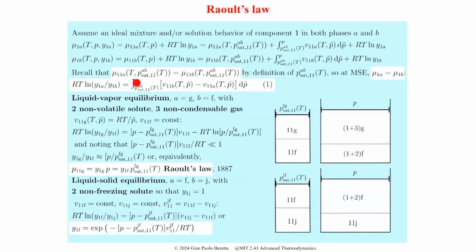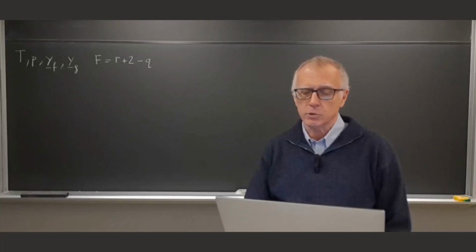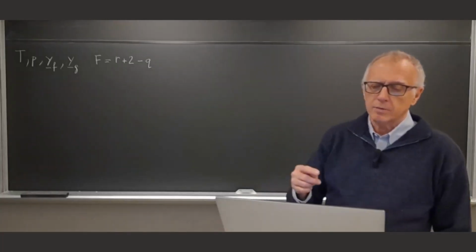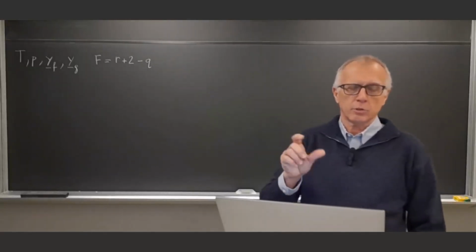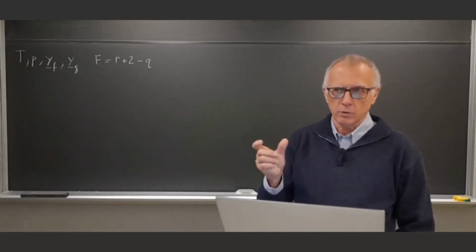Then we recall that when we have a pure substance, this is the reason why we decided to use the saturation pressures. When we have a pure substance, the saturation pressure is defined precisely by that pressure at which, at the given temperature, the two chemical potentials of the two phases are equal, so they are in mutual equilibrium.